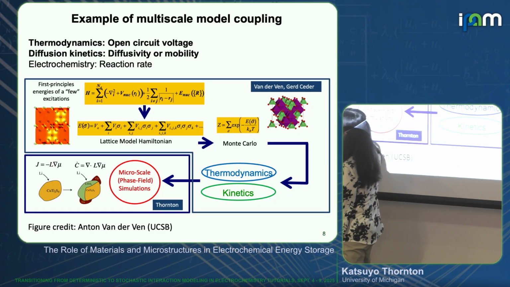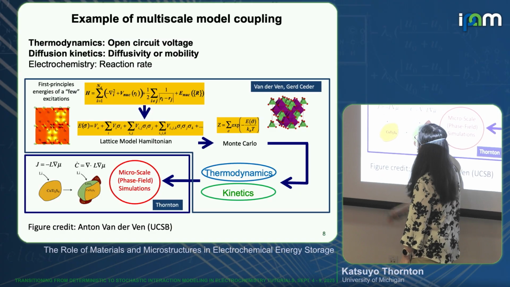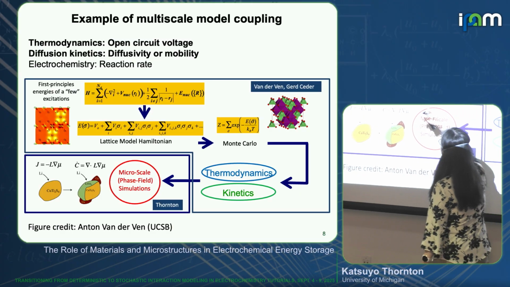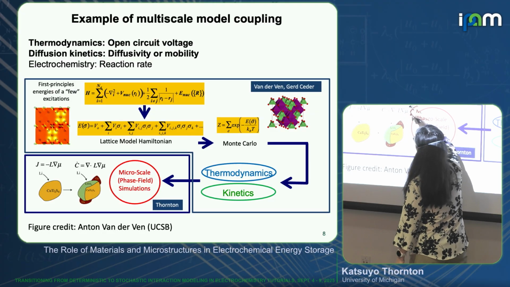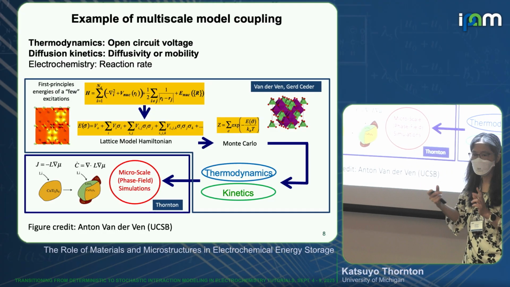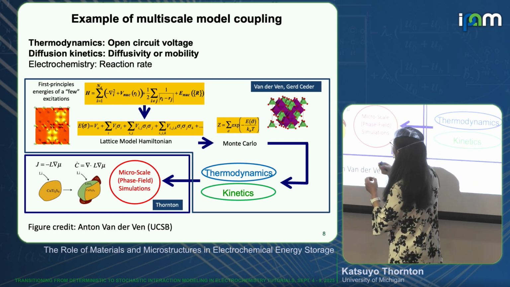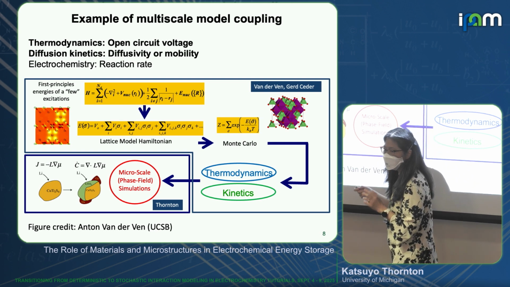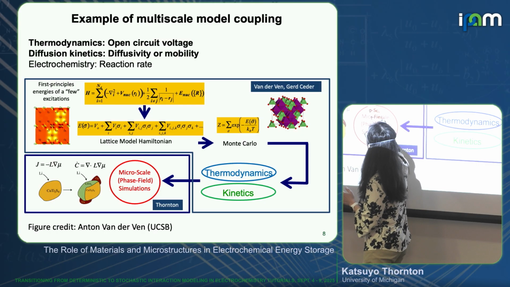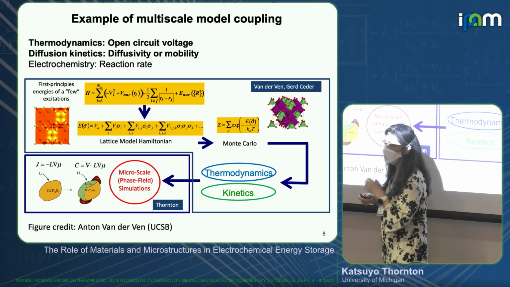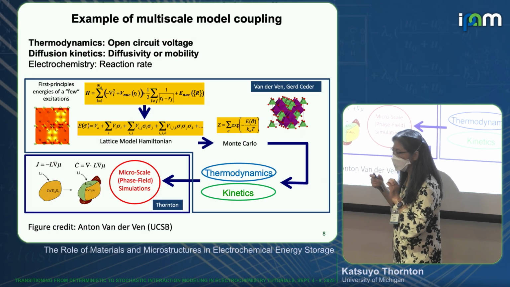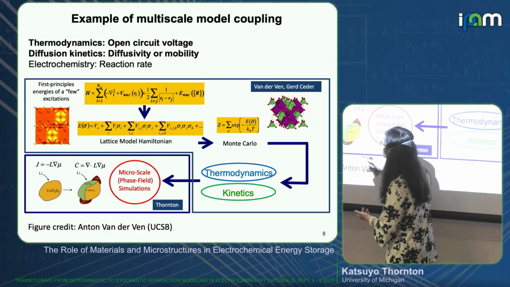So you can start with a density functional theory calculation. You calculate some selected energy landscape as you change the occupation number, which is represented by this sigma, with the lithium occupying certain spots that it is allowed to occupy.